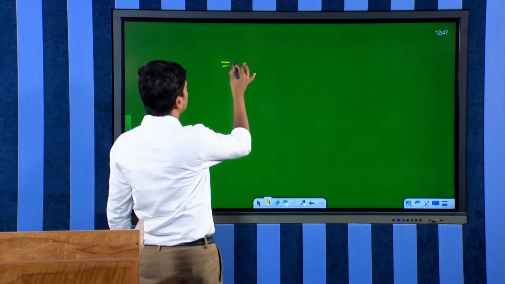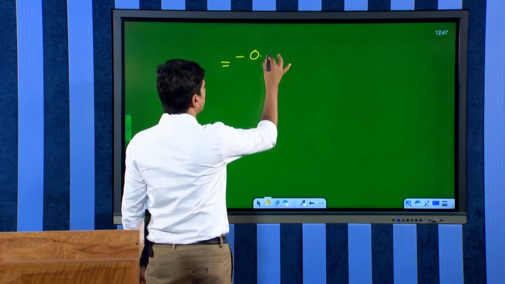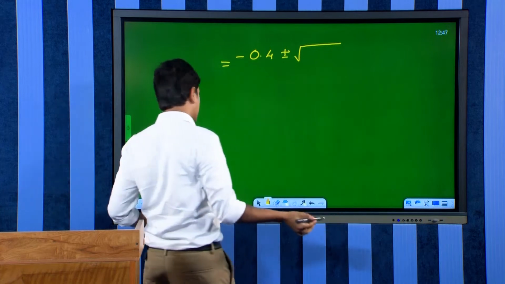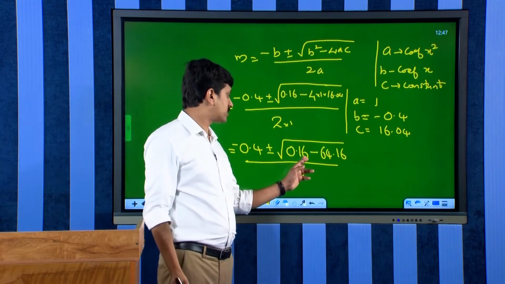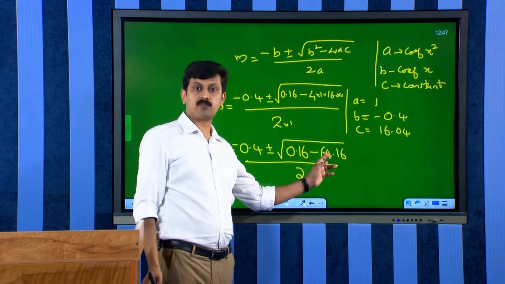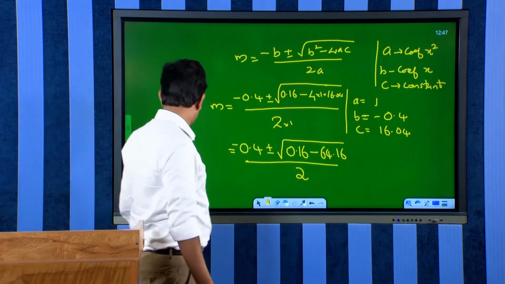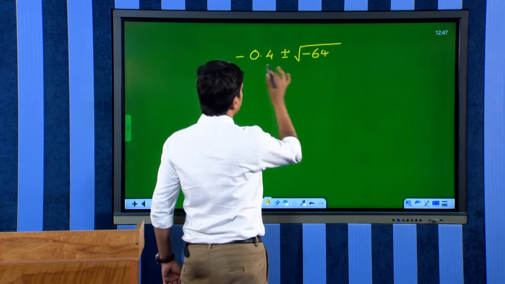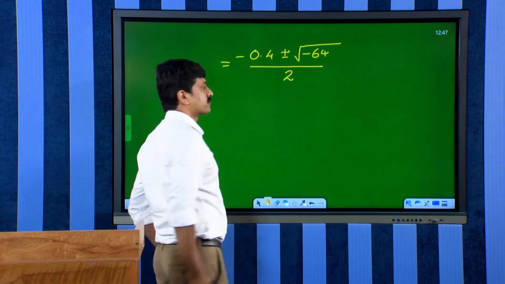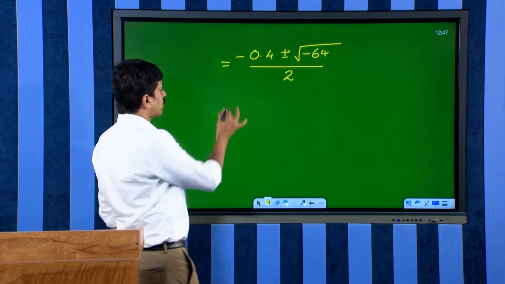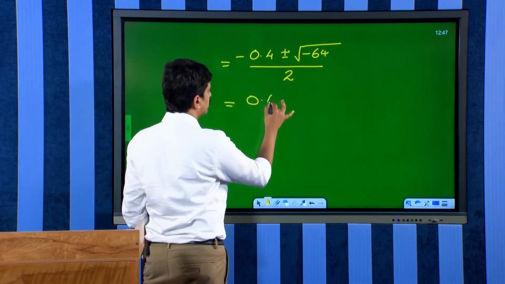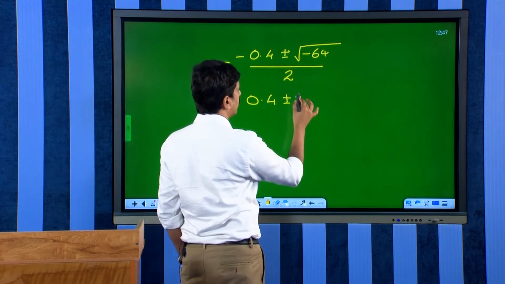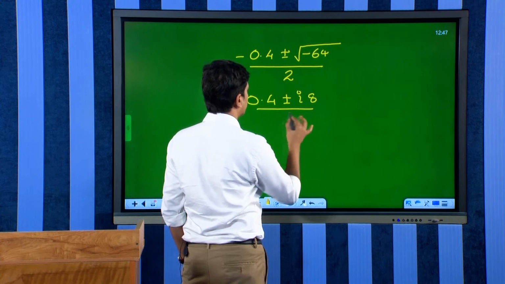This is equal to 0.4 plus or minus root of 0.16 minus 64.16. While subtracting, we will have minus 64 divided by 2. So, finally, we will have 0.4 plus or minus root of 64, which is i into 8, divided by 2.